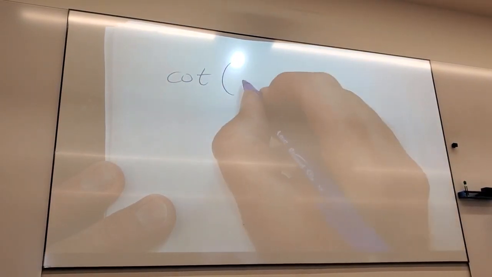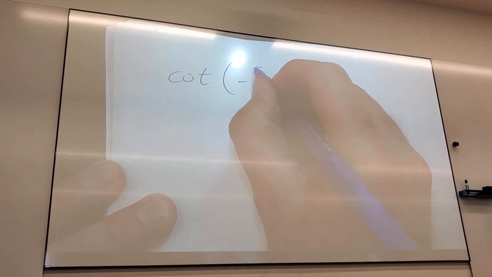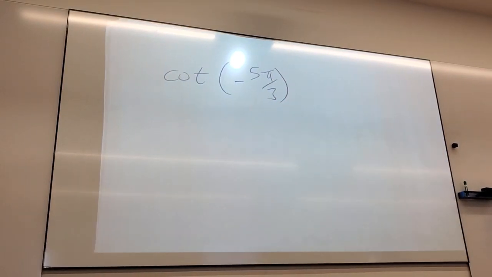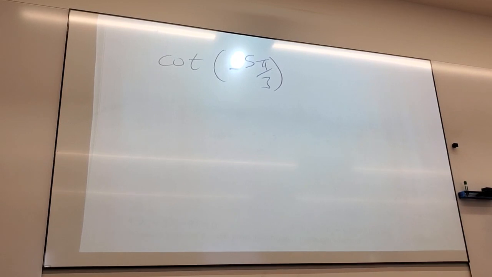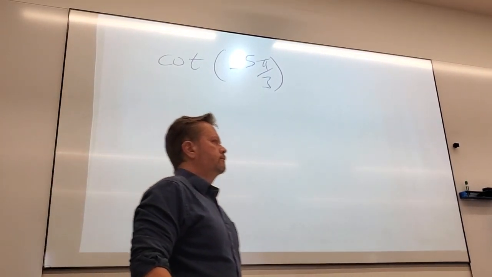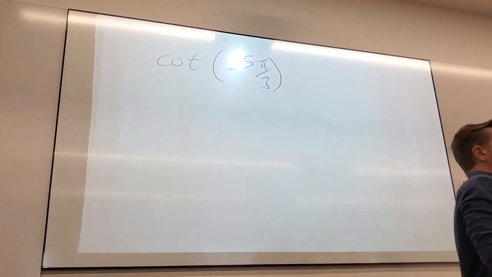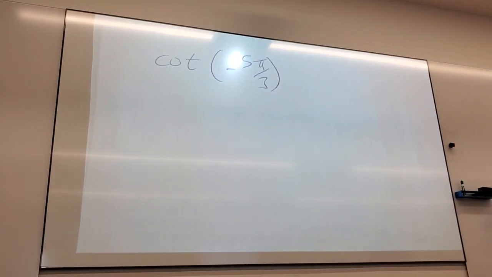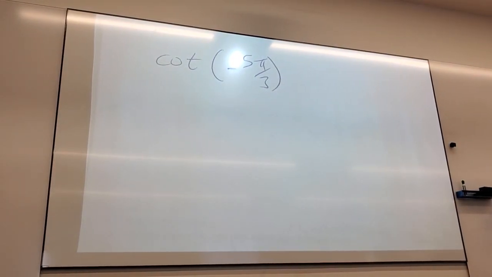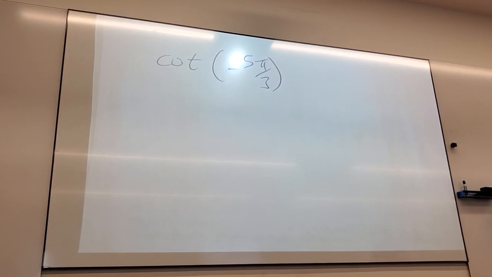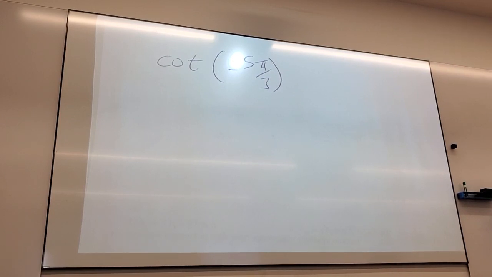So here, try one more. I want you to do the cotangent of negative 5 pi over 3. The way to think about this physically is to think of it as a certain amount of pi.